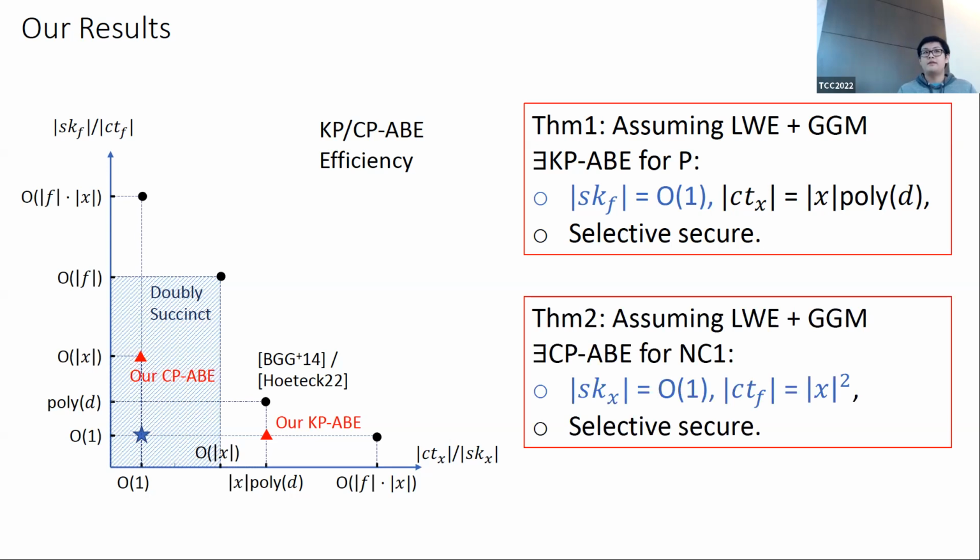At the same time, the ciphertext encoding a policy F also has size independent of F. Hence, it's a doubly succinct scheme. And if we replace the LWE assumption with the adaptive LWE introduced in QWW, then both schemes achieve adaptive security.